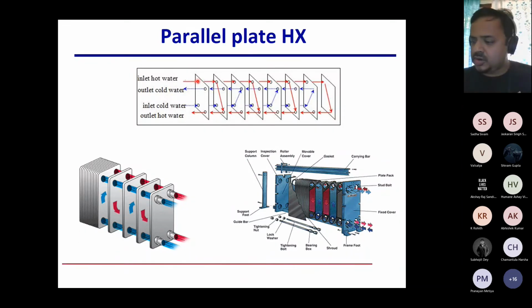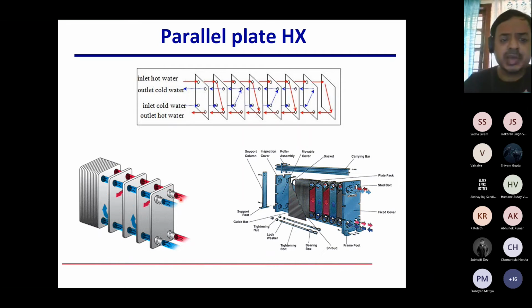As you can see, the hot fluid is coming from here, and then it cannot go through. This path is blocked. It cannot go straight. So what happens? It has to come down and come out like this.